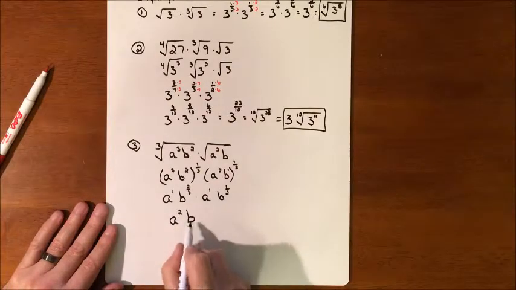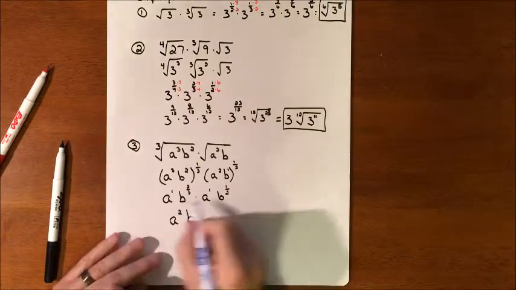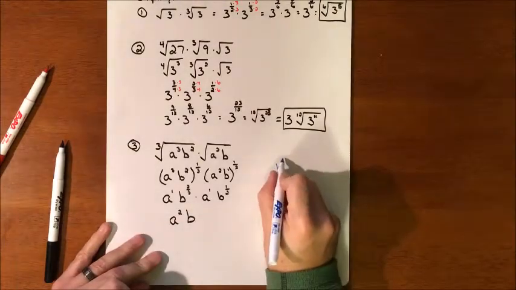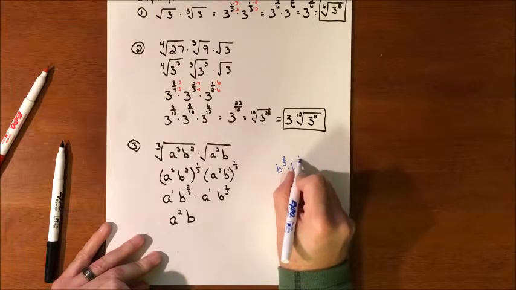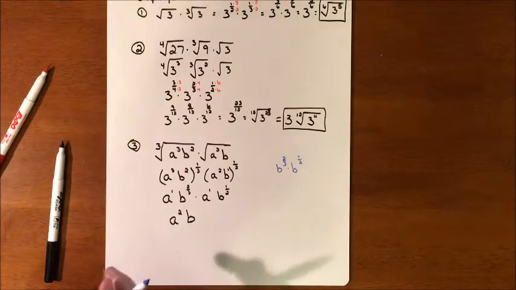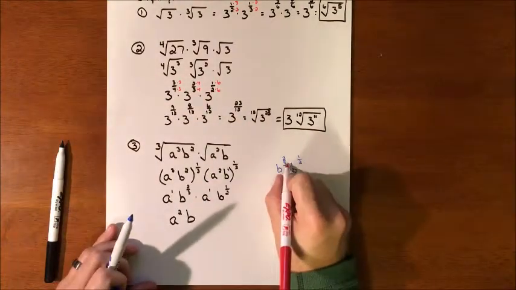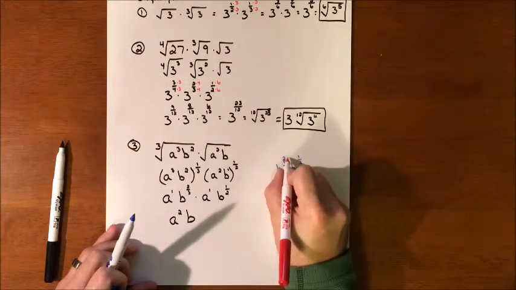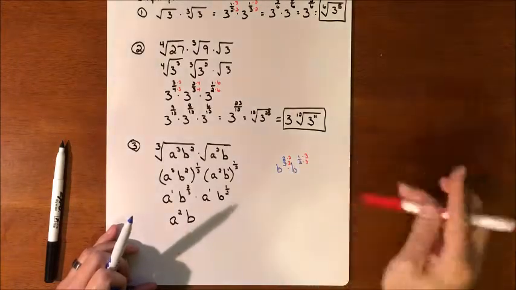Now the b's, we have to do a little bit of side work. For the b's, we have a b to the 2/3 and a b to the 1/2. We need common denominators. Between a 2 and a 3, we can both make them 6. So we'll multiply that by 2, multiply that by 3.